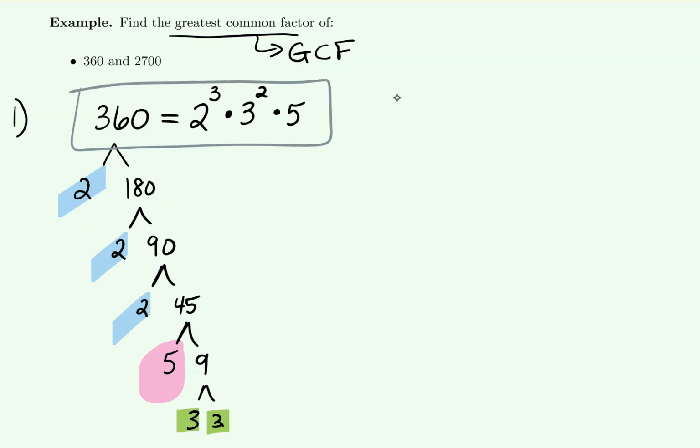Next, we find the prime factorization of 2700. Okay. One thing to note is you could just keep dividing it by 2 because it's even, but that's going to take a bit of time. Sometimes it's more helpful to think about the largest number that I know goes into this.